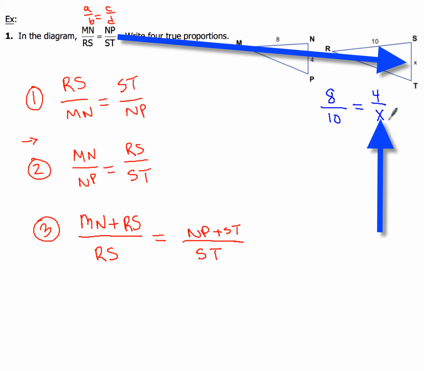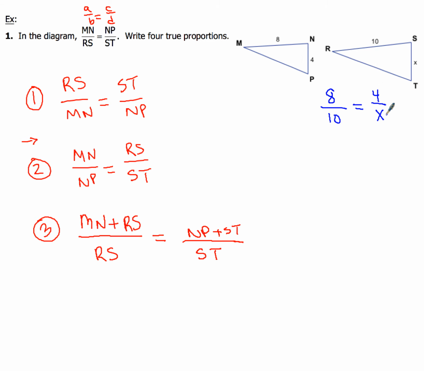So that could be proportion number 1. And if I have them flipped around, the other way I could write this, using those numbers and the letter x, is 10 over 8 equals x over 4. That's no big deal.